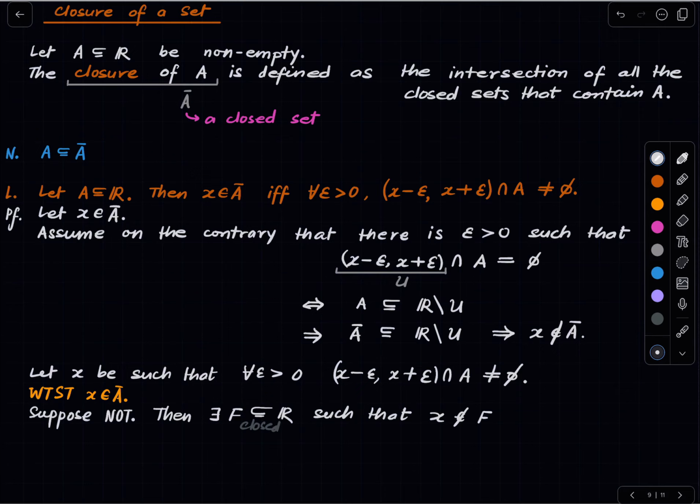So there is some closed set F such that x is not in F and F contains A. That is contrary to the statement that x is in A closure. Fine. So we have that. Therefore, x is in the complement of F.